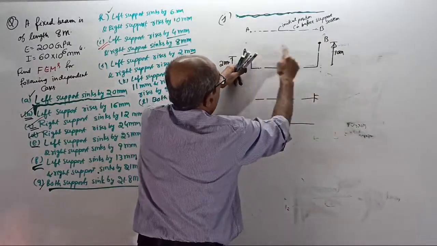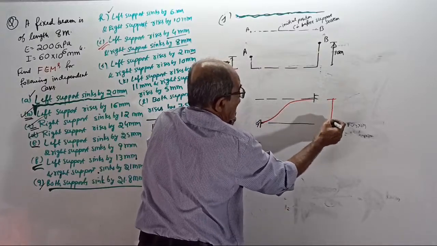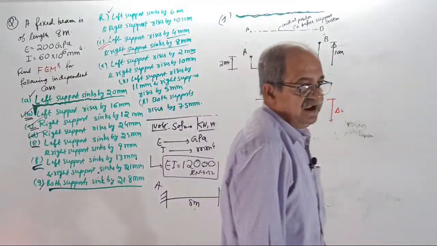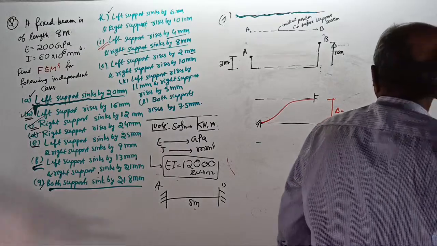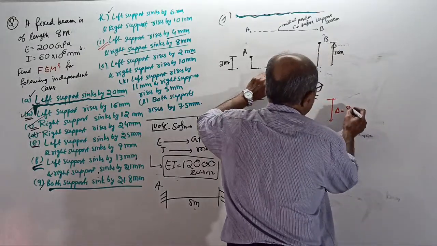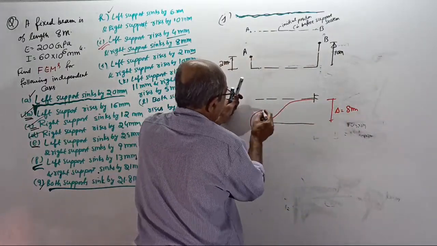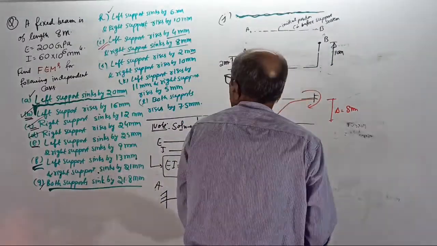The elastic curve is like this. Tell me delta. It is not 12 now. Delta is 8 mm. Why 8 mm? Since it goes this way, both are clockwise. Now substitute, get the moment.